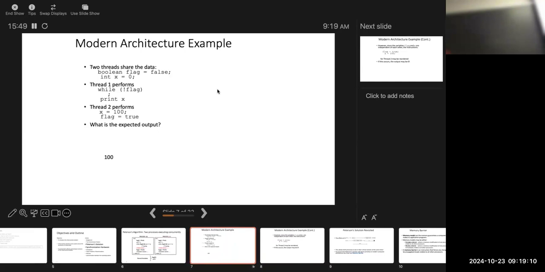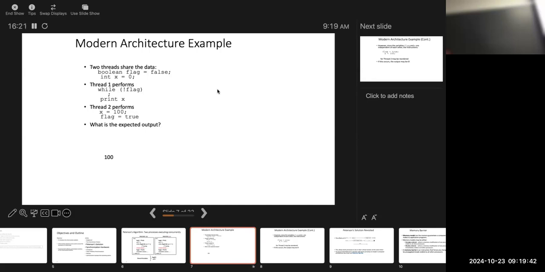Maybe I want to explain it again to clarify the context for myself and everyone else. So here you have thread 1 and thread 2. Thread 1 has a while on the flag: if the flag is not true, keep waiting, and if it is true, then print x.